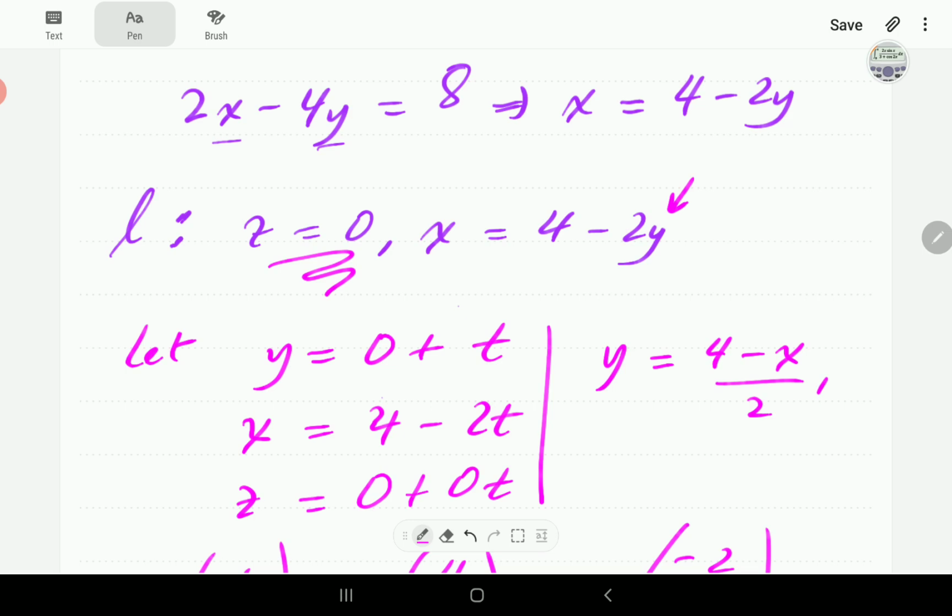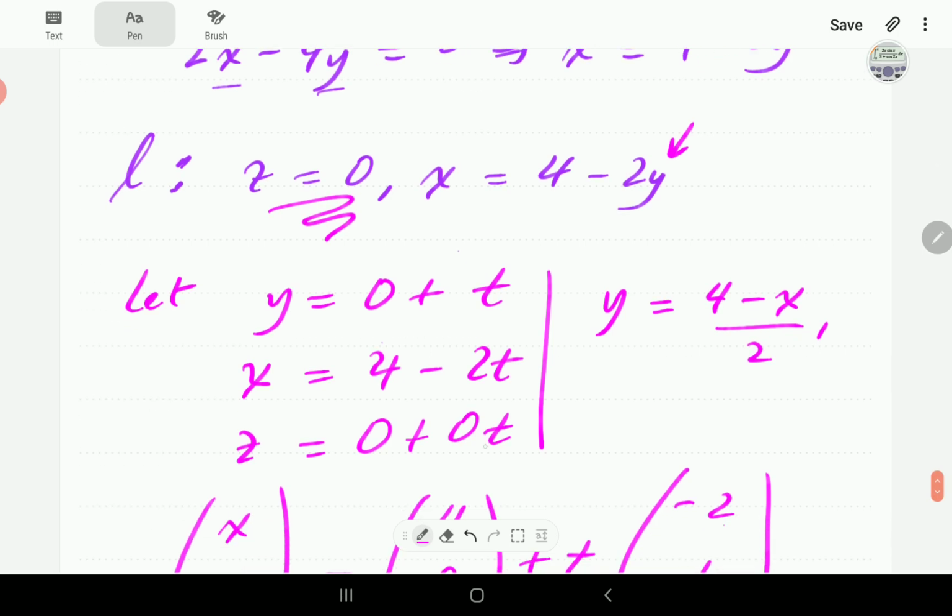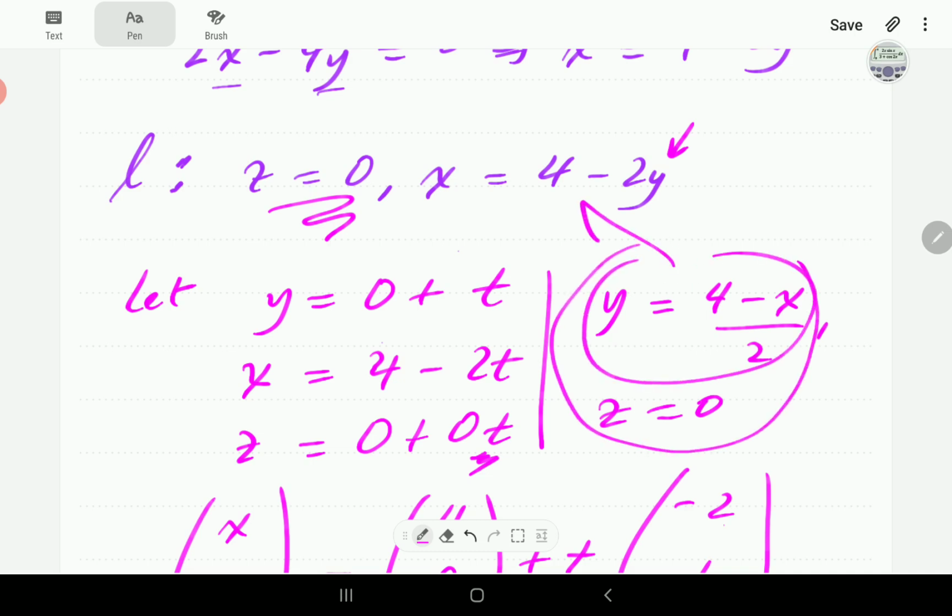And then z, there is no t in the equation for z. So for z, we're just going to write z equals 0. Now, in fact, this equation is just that equation there. Okay, and so we've got the three forms of the equation of that straight line.